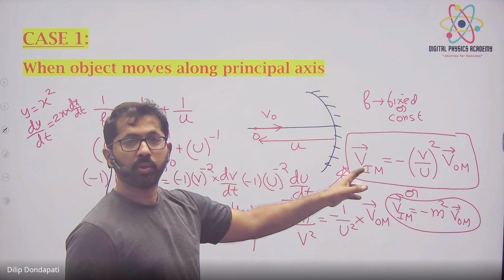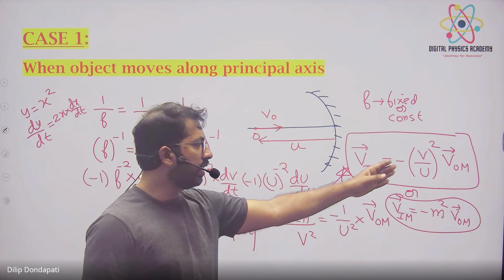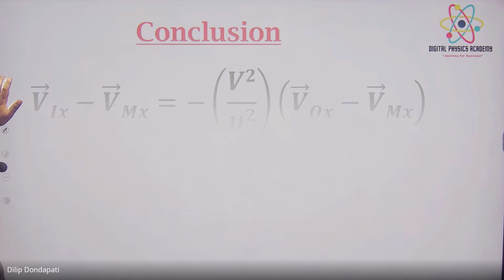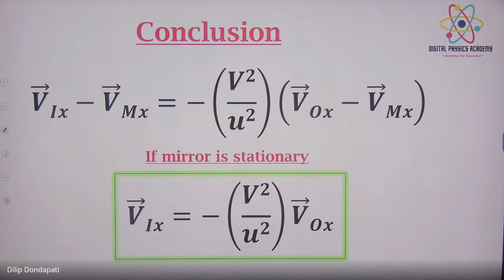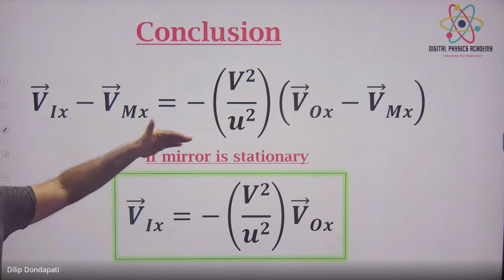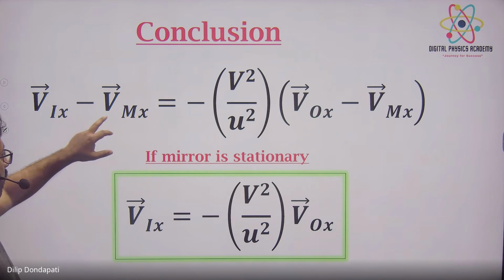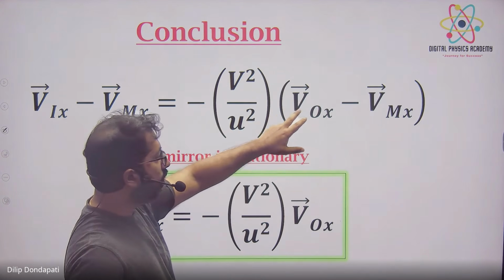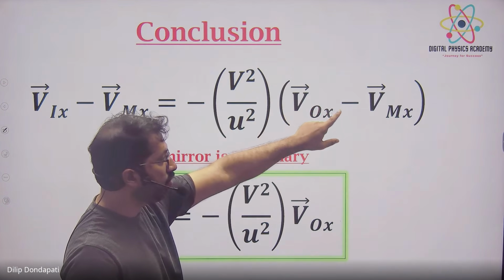So finally, learn this formula: velocity of image minus velocity of mirror along the x direction is equal to minus v square by u square into velocity of object minus velocity of mirror along the x direction.